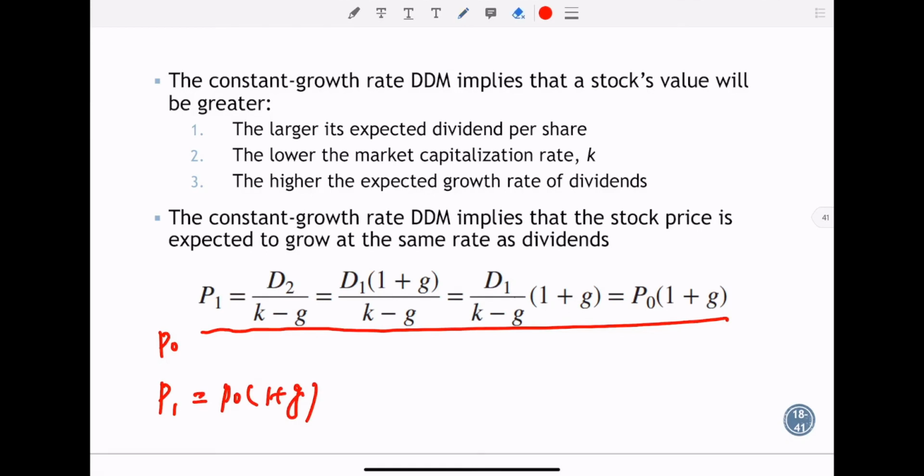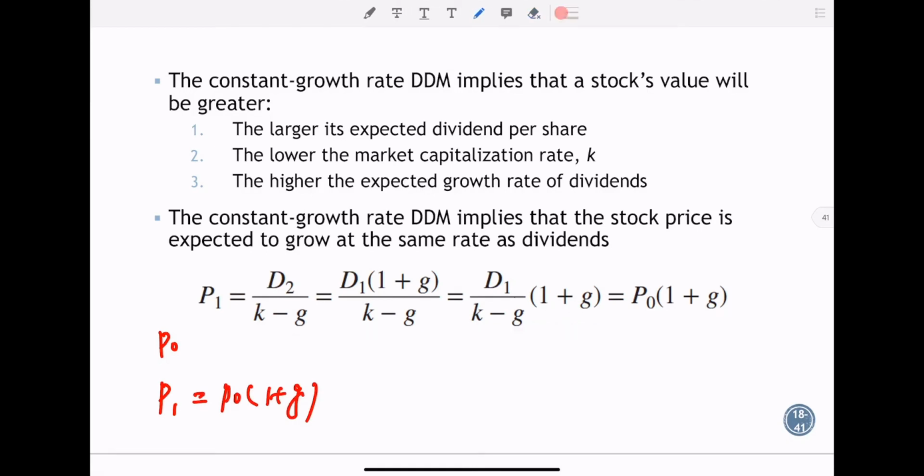It's actually pretty easy to understand because you can see that this is obvious, right? And D2 obviously equals D1 times 1 plus G, where G is the growth rate. And we know that we have a constant growth rate, right? So this step is obvious.